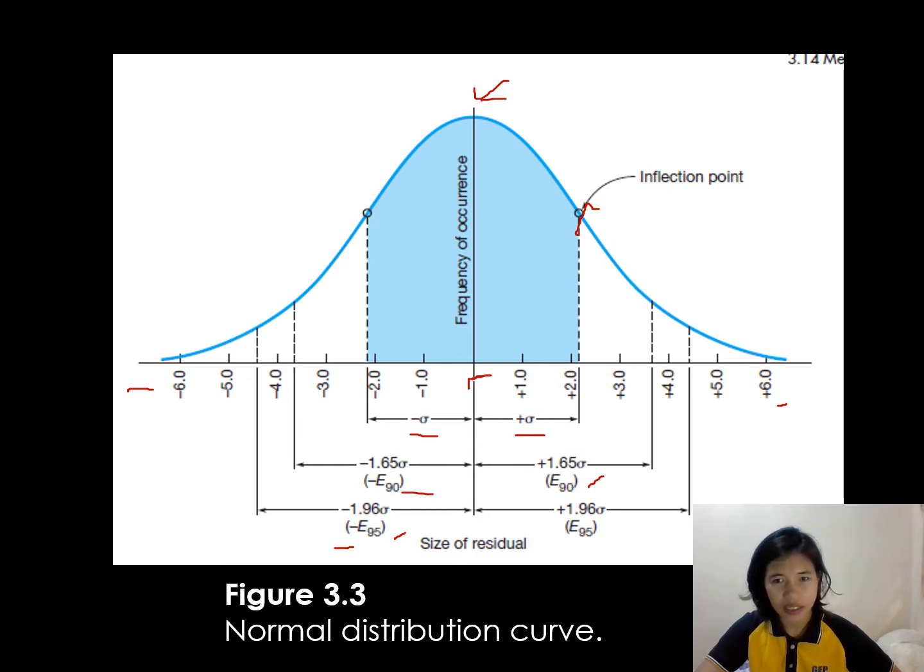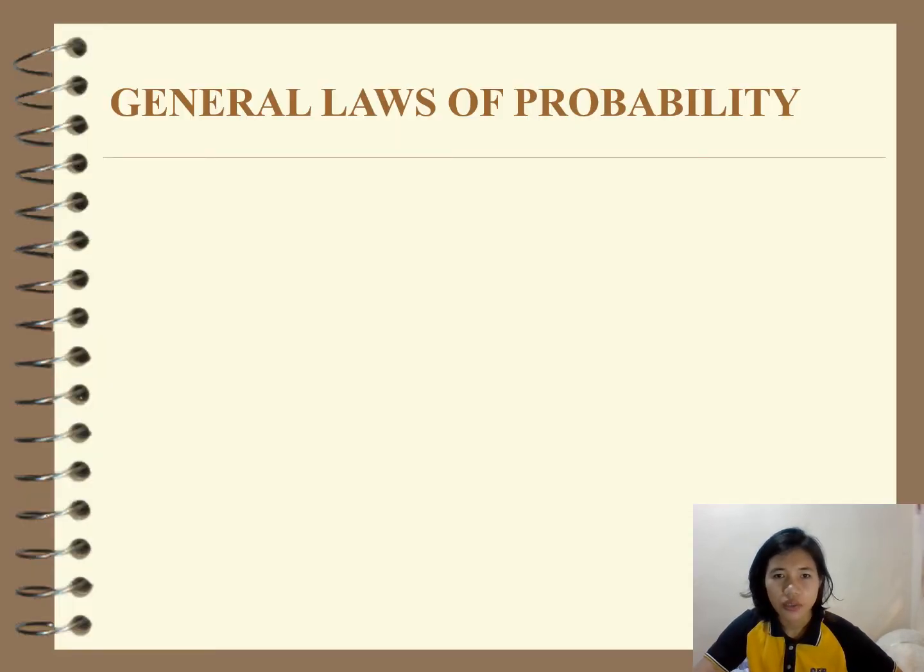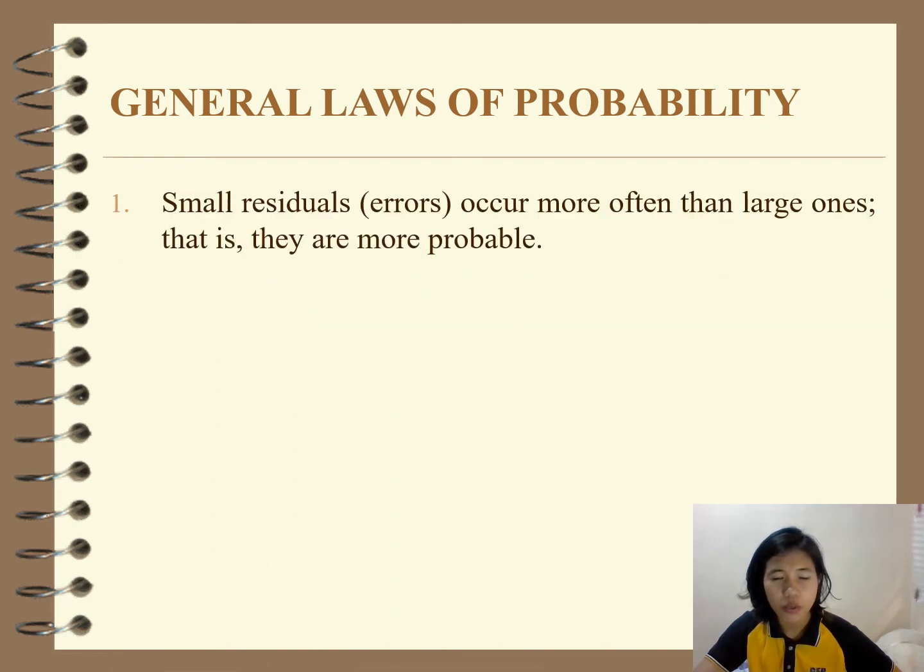Okay, so let's discuss this one. So, we have the general laws of probability. Number 1, small residual or errors occur more often than the large ones. That is, they are more probable. So, yung difference ng ating MPV and yung individual natin na mini-measure, most probable siya na mag-occur.